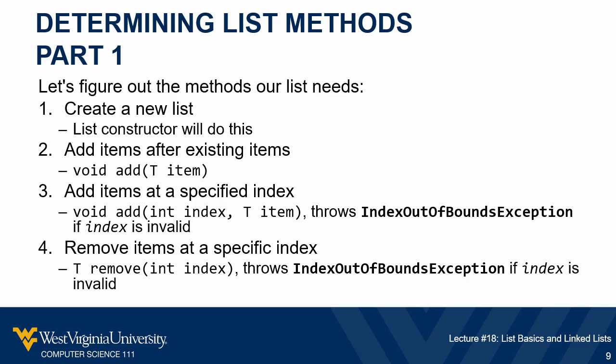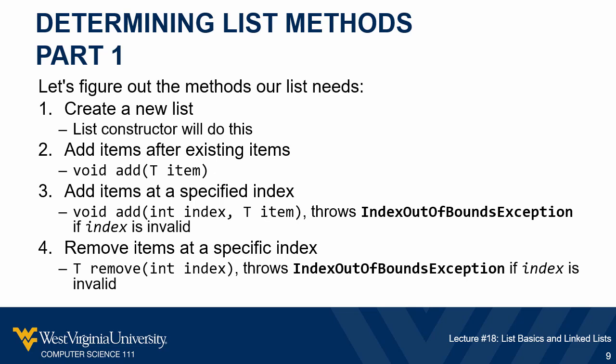For methods like remove that interact with things that are already stored in the list, the valid index range is going to be 0 through size minus 1, because that's going to cover the range of index elements that we're actually using.